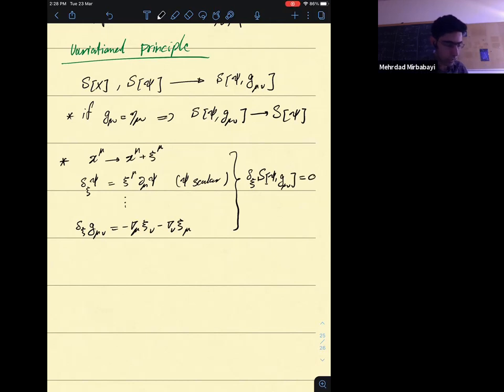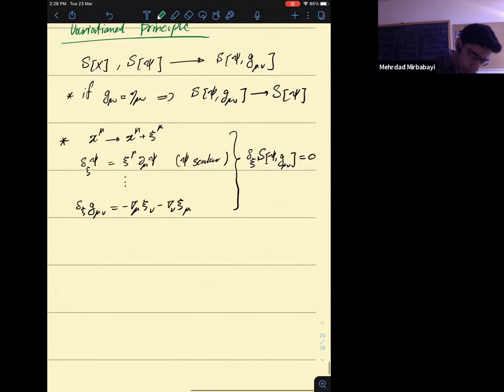So we construct the action with these two conditions. And this second condition is called general covariance. So this is a generally covariant action.